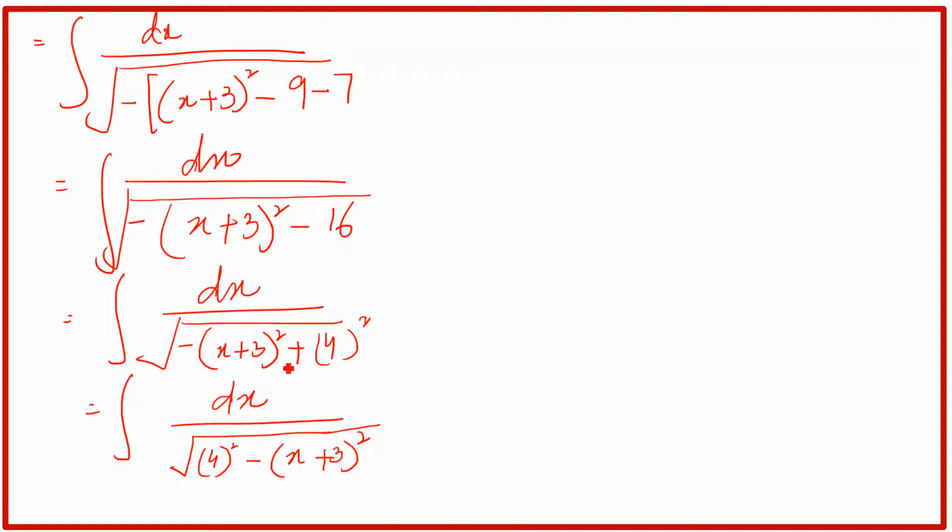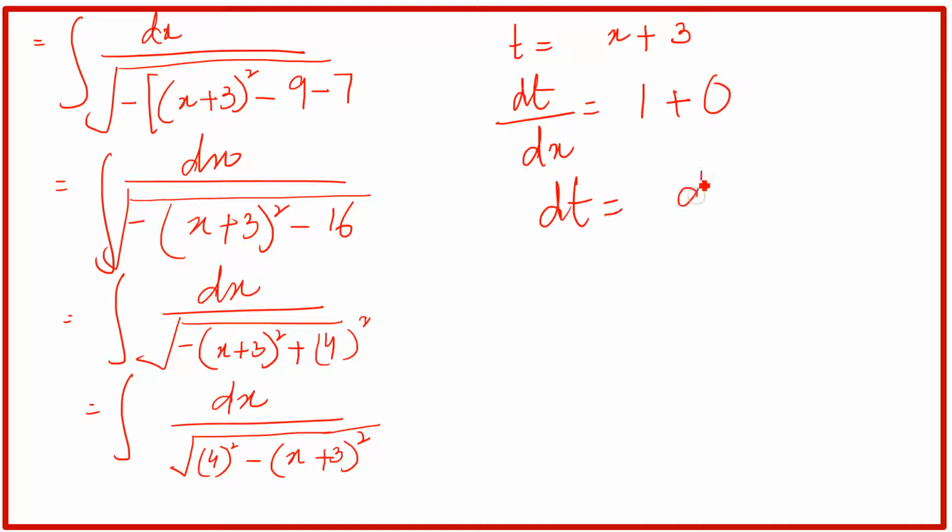But this exercise is based on the substitution method. I have told you many times. That is why we are going to suppose that x plus 3 is equal to t. So dt over dx is 1, and dt is equal to dx.